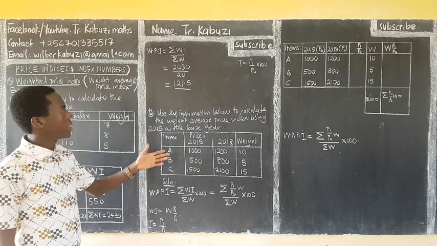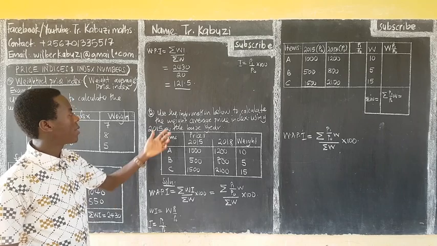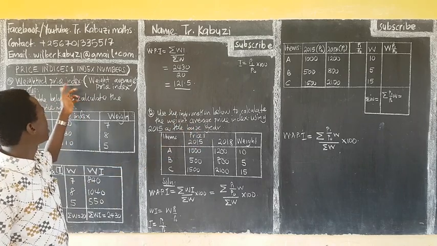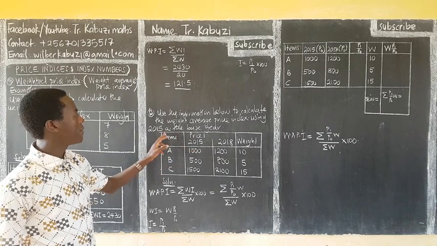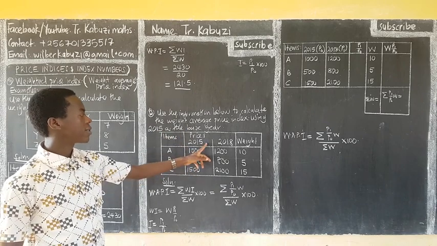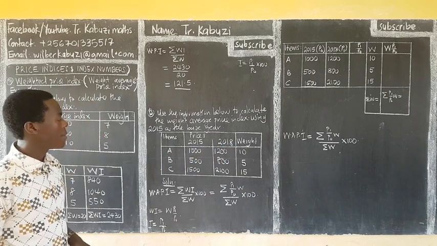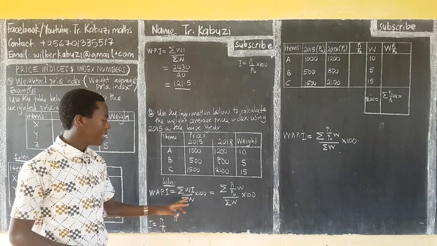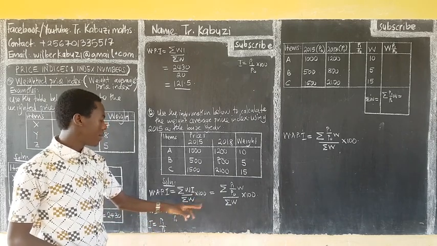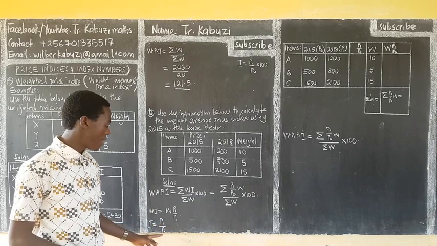But when you come to this one, using the information below, find the weighted average price index. The weighted average price index is the same as the weighted price index. Now they are giving us 2015 as the base year, so this one is going to be our P0, this one is going to be our P1, and these are the weights. Here I'm going to include 100 because I'm defining my I to be P1 over P0.